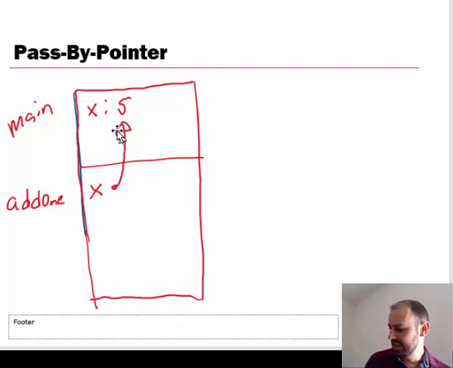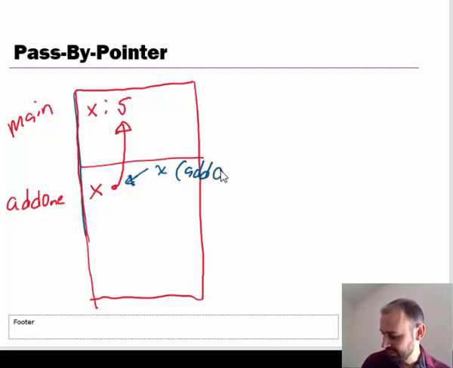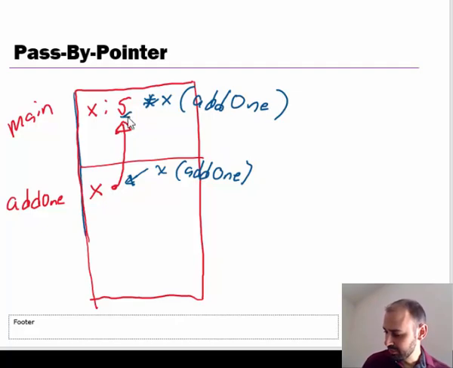If I just said x, I'm referring to this spot here. If I'm in the add1 function scope and I reference x, x refers to this, where star x in the add1 function scope refers to this, the value 5.